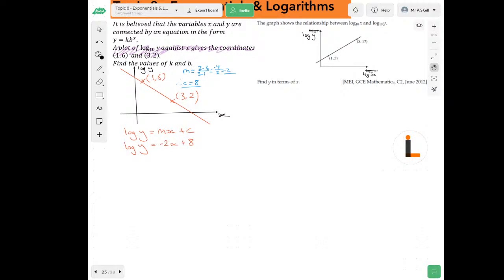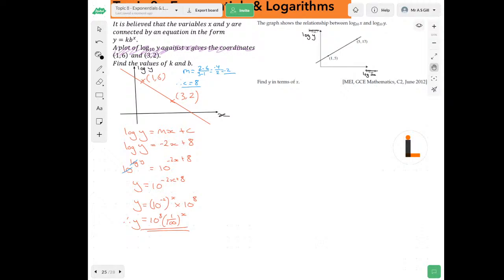So I'm going to go through and just write up the finished solution for the left hand side. So we've got our final solution here.